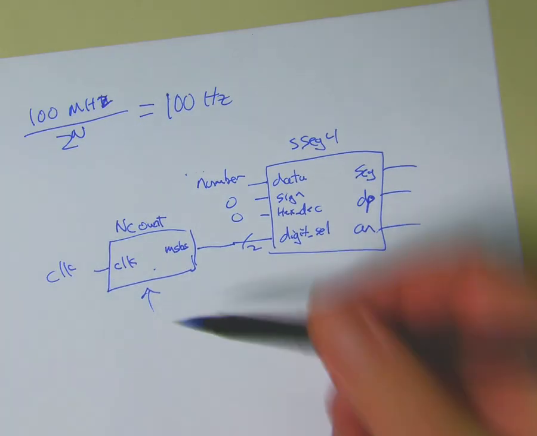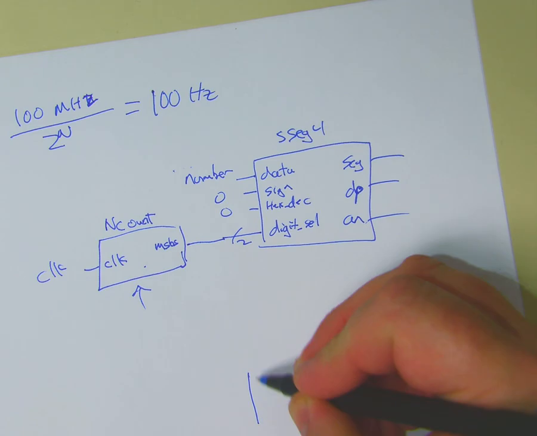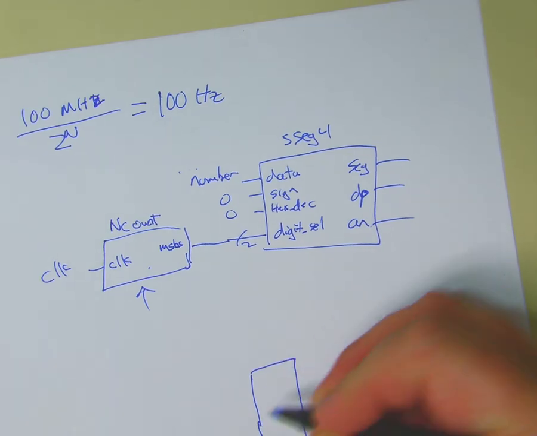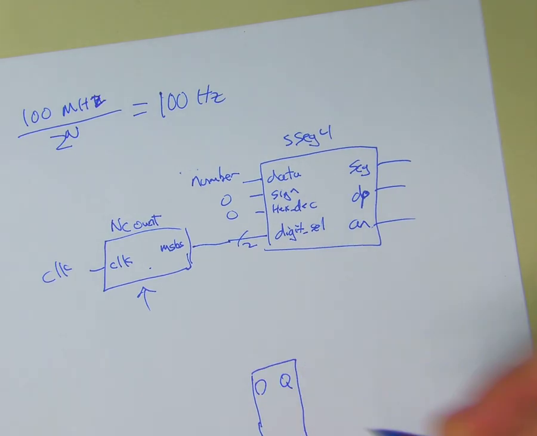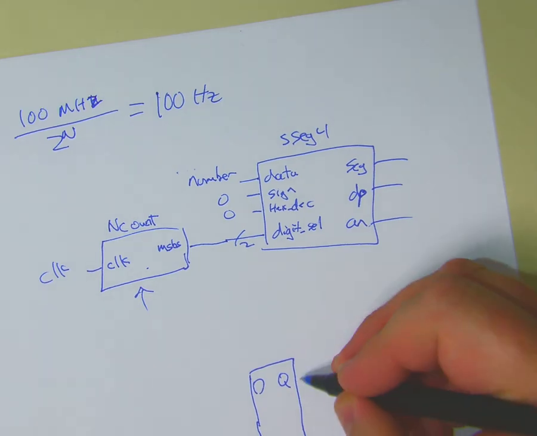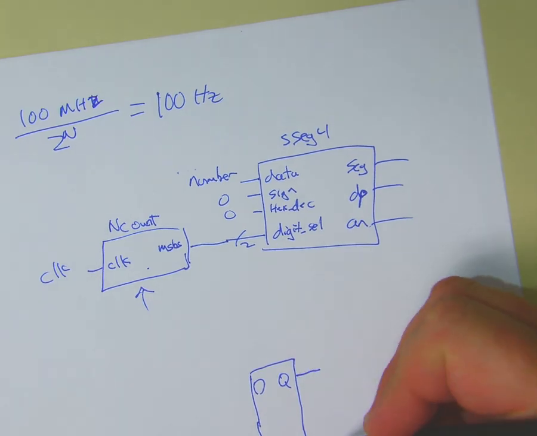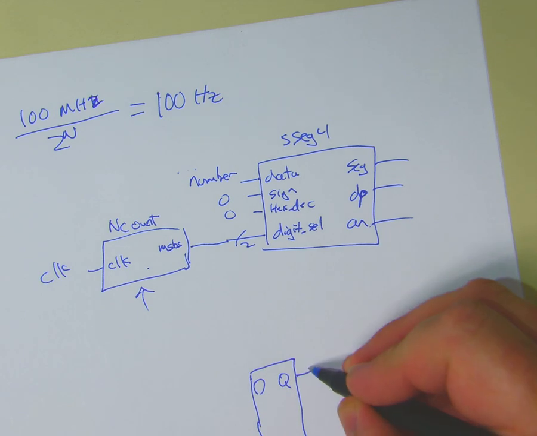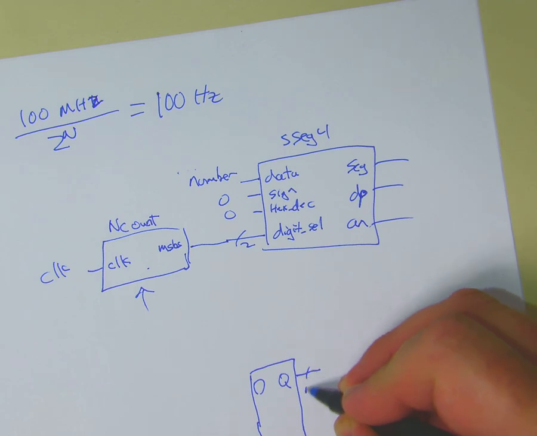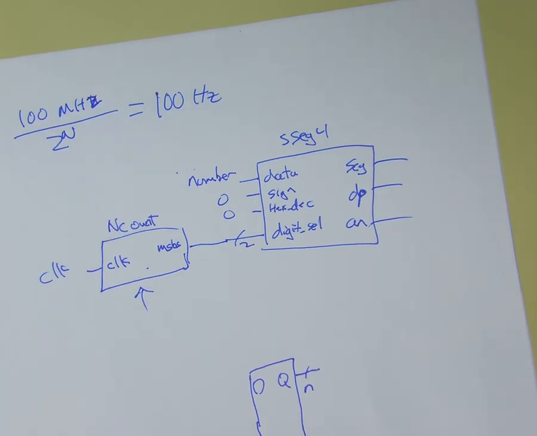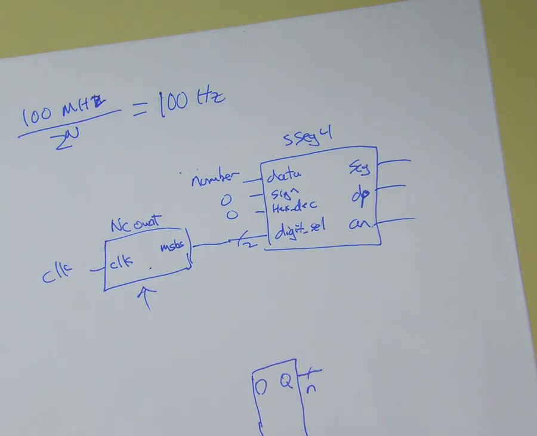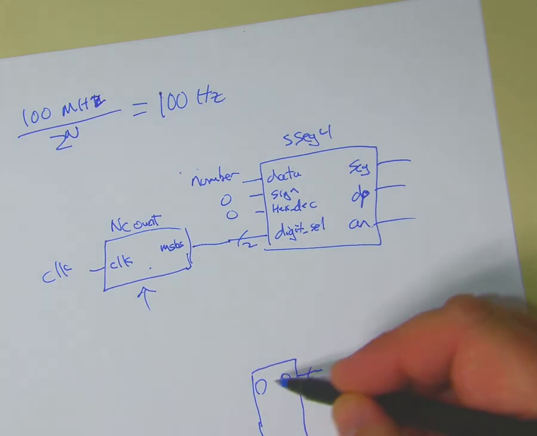So inside this unit, I'm going to need a certain number of bits, which is a D and a Q, right? How many bits do I need? Well, it's going to be whatever you set it as, which is n bits. You're going to pick n, and that's how many bits are there. How do I do the counting?